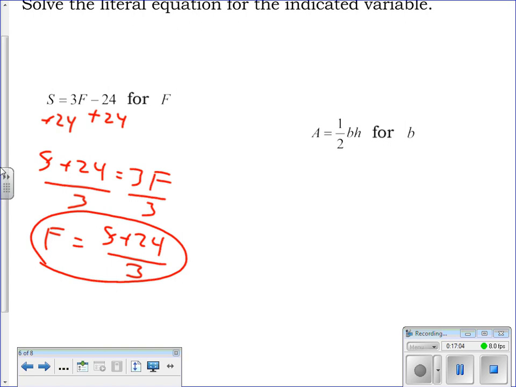First thing I want to do is get rid of the 1/2. What do I multiply times 1/2 to make it into 1? 2. So I multiply both sides, because remember, I have to do both sides. Multiply both sides by 2. The 2 and the 1/2 cancel each other, and I have 2a equals bh.